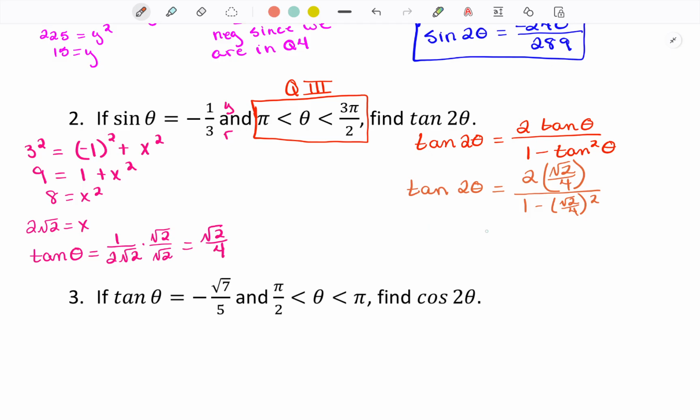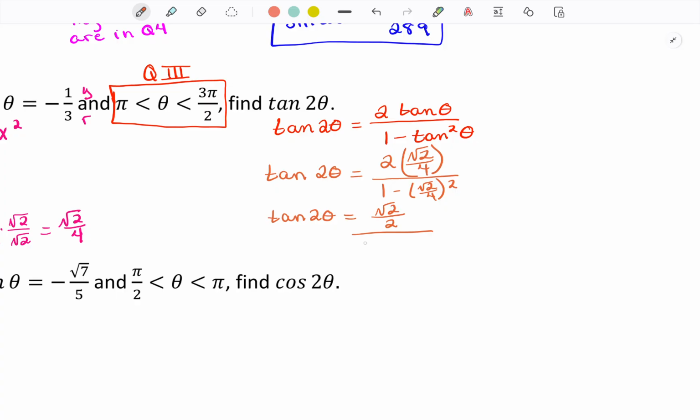So we have the tangent of 2 theta equals, and when we multiply by 2, we have the square root of 2 over 2. And then we're going to go ahead and square our square root of 2 over 4.